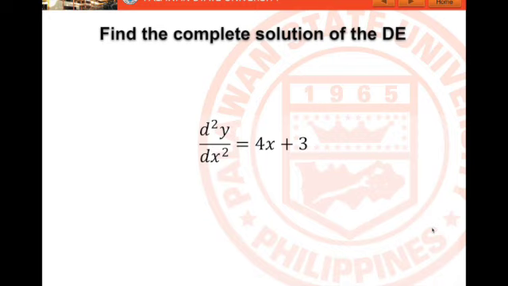We will try to find the complete solution of our previous example, which is a second order DE. The second derivative of y with respect to x equals 4x plus 3.